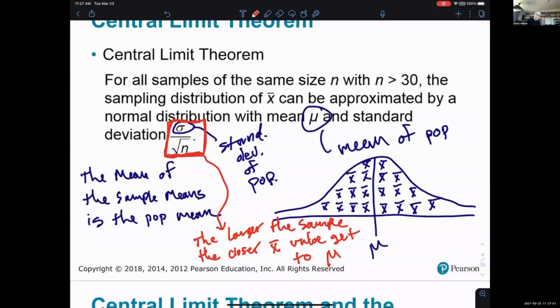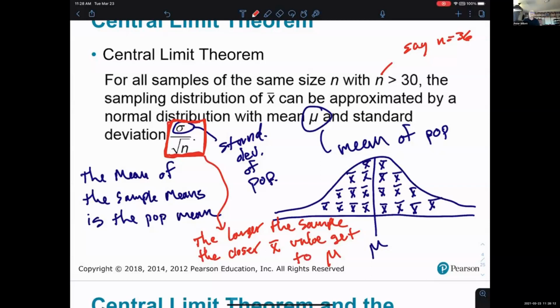What happens when I take a sigma value and divide by the square root of n when n is bigger than 30? So let's use a simple example. Say n is equal to 36. That's bigger than 30. That means that we can use this normal distribution for the sampling distribution.